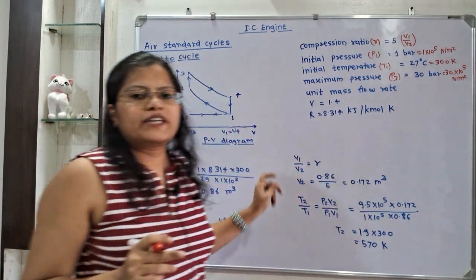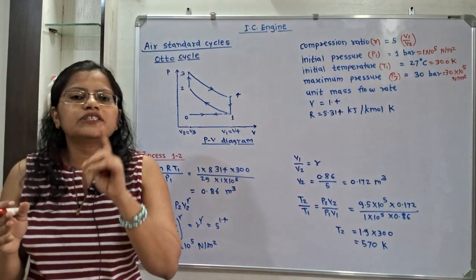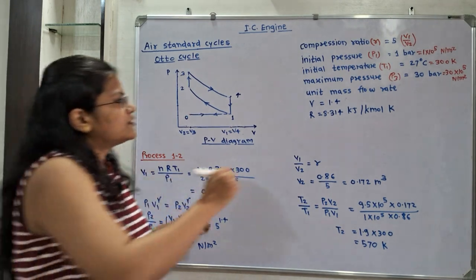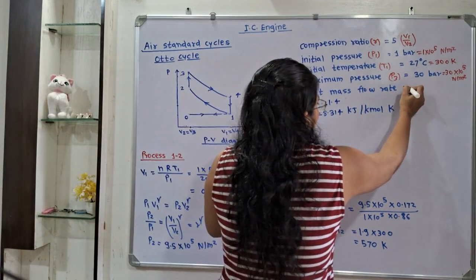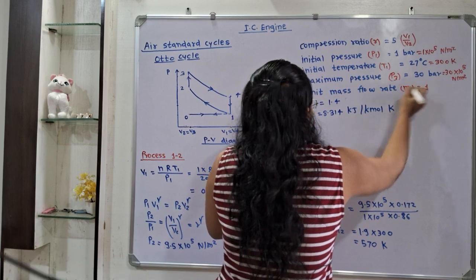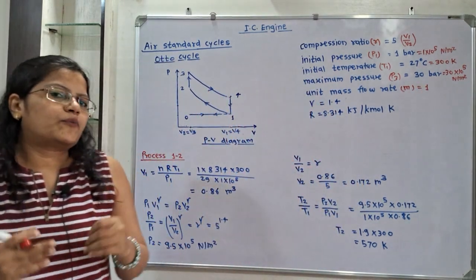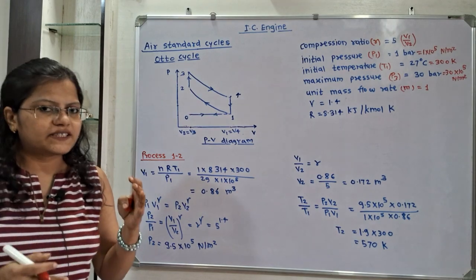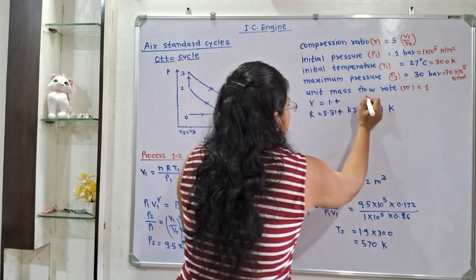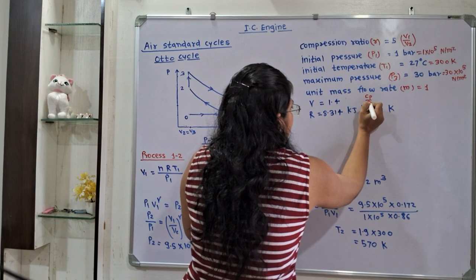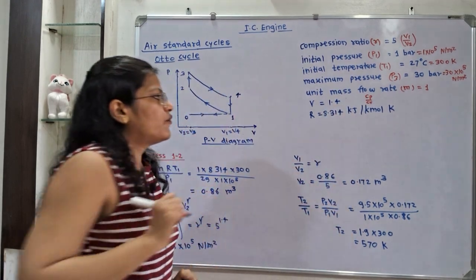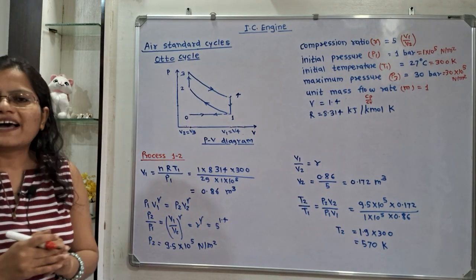Unit mass flow rate, so the mass flow rate is unity, that is 1. Its notation is small m, and m is equal to 1. Gamma is equal to 1.4. It is the ratio of specific heats, Cp by Cv, and it is 1.4. R is the gas constant.